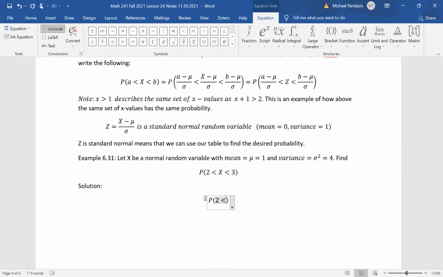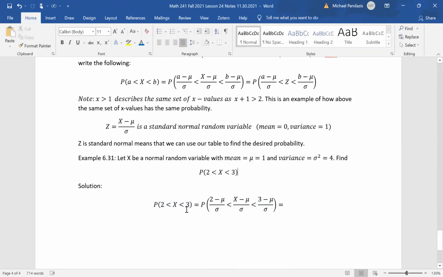So this probability is equal to the probability of, I'm going to take 2, subtract mu, and divide by sigma. Same thing here, x minus mu over sigma, and same thing here, 3 minus mu over sigma. So I just took each of these things, subtracted mu, and then divided by sigma.